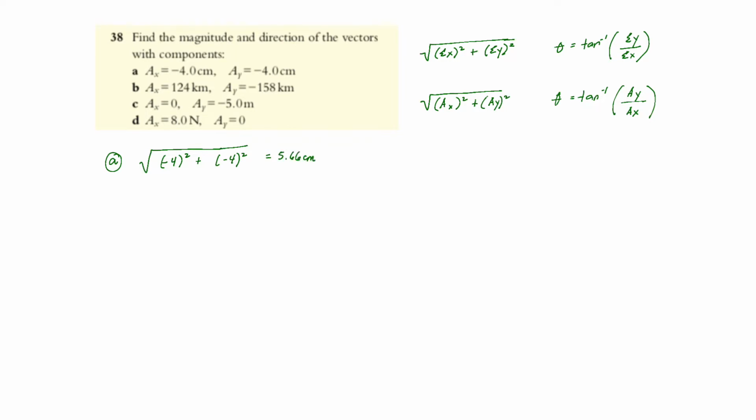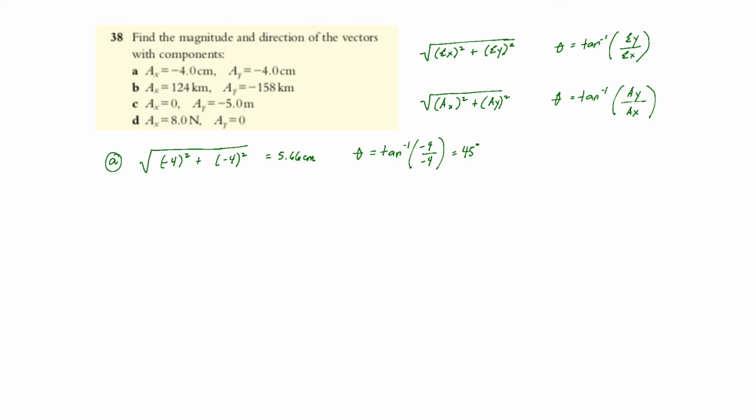Now how about the angle? For the angle, if you press the calculator, that would be the arctan of negative 4 over negative 4, and that is 45 degrees. However, what is the proper angle of that 45 degrees?